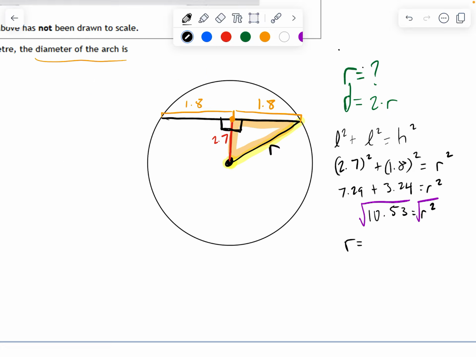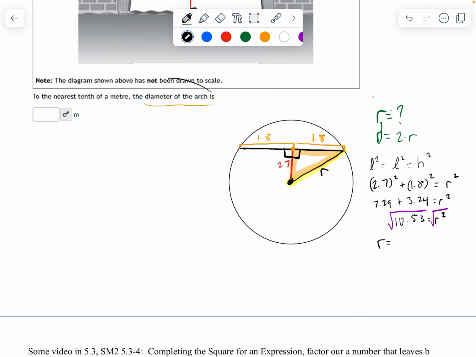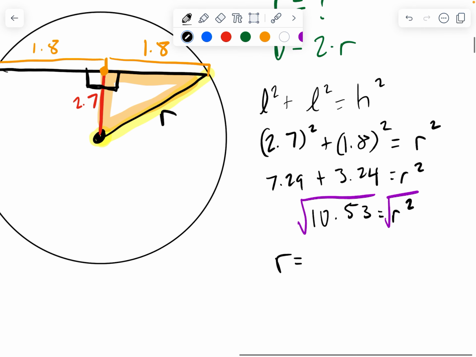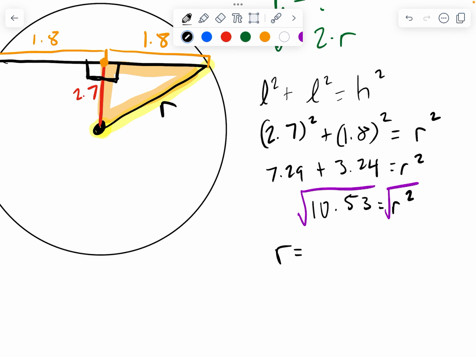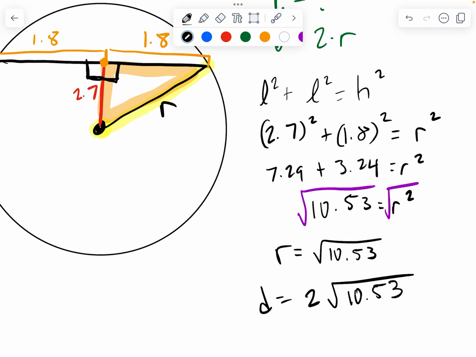Now, for this one, remember your goal is the diameter, so I'm just going to finish solving. Radius equals the square root of 10.53, which means my diameter will be 2 times my radius, which is that square root. And this is what I'm going to plug into my calculator.